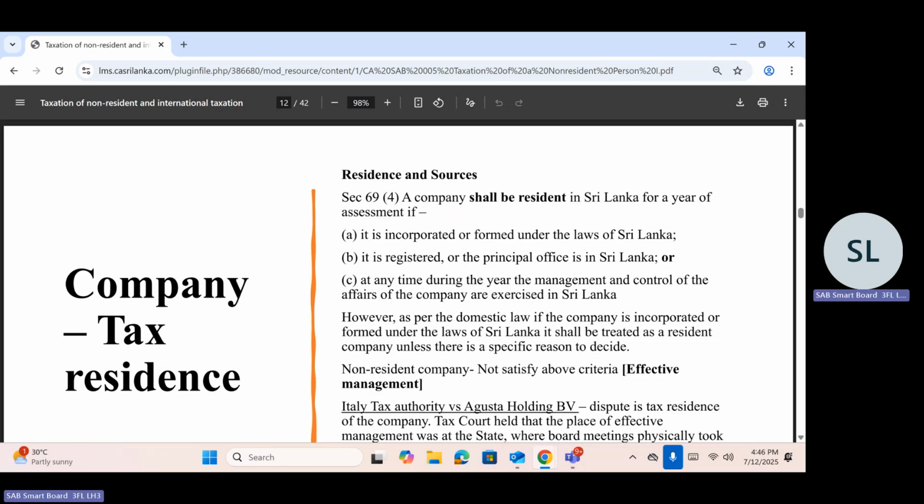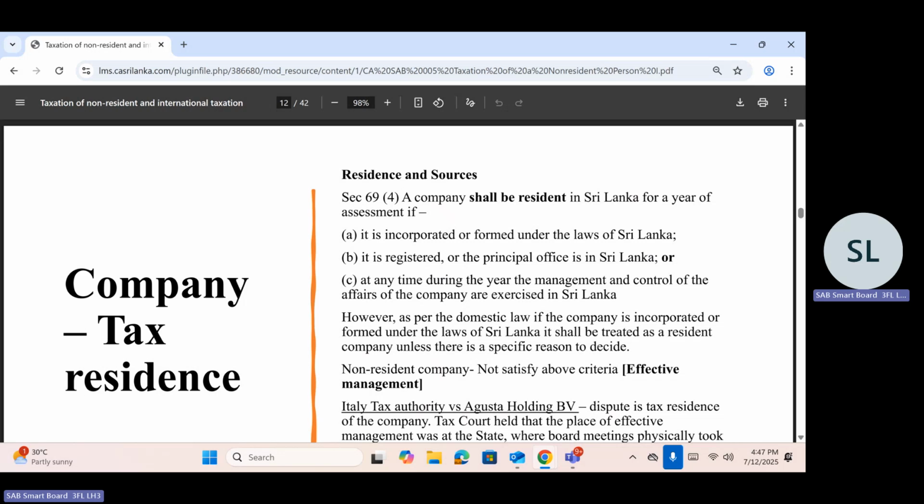Or if its registered or principal office is in Sri Lanka, or at any time during the year the management and control of the affairs of the company is exercised in Sri Lanka, in such case it shall be treated as a resident company for Sri Lanka tax.